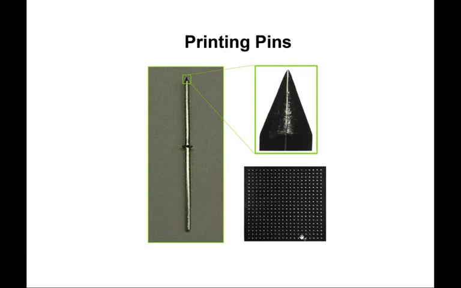And this is also very, very important, because, for example, we need to print more than hundreds, more than thousands, even 10,000 spots. So during the printing, we need to make sure each printing spot has a very unique and uniform shape and volume.